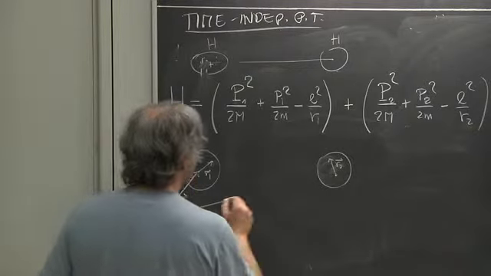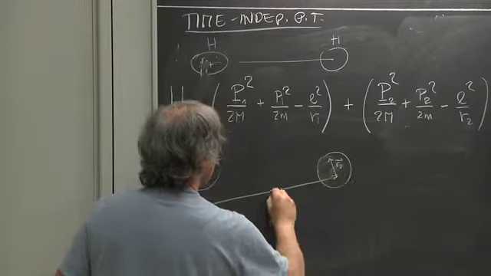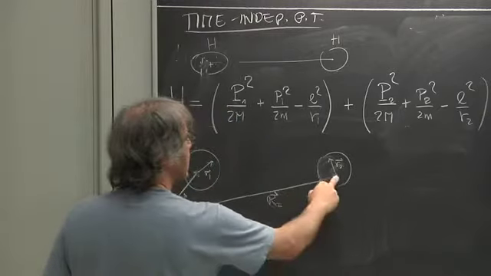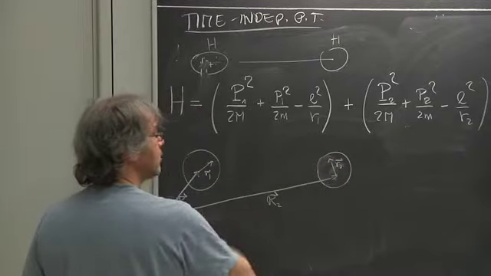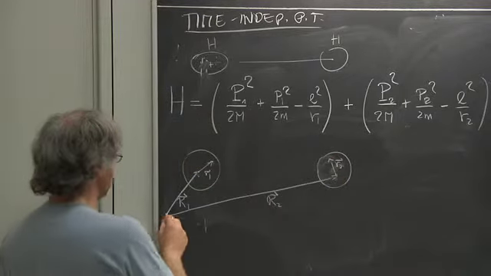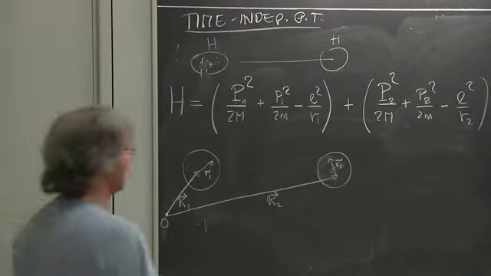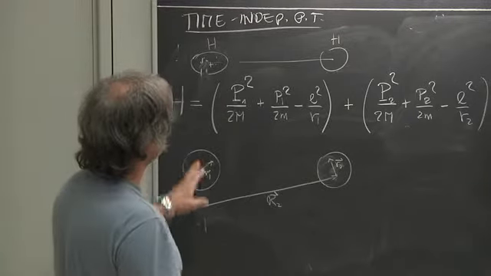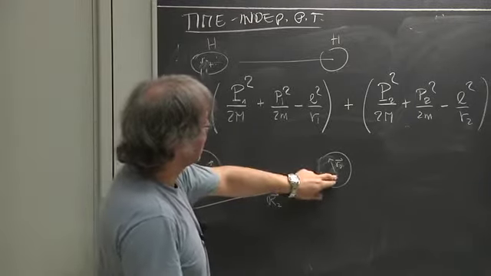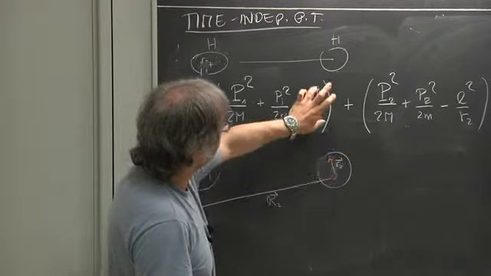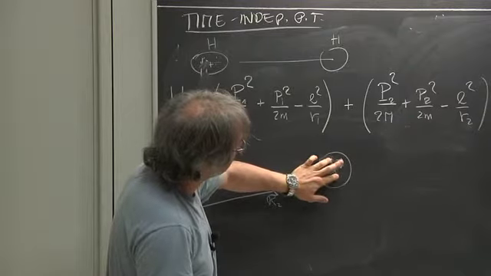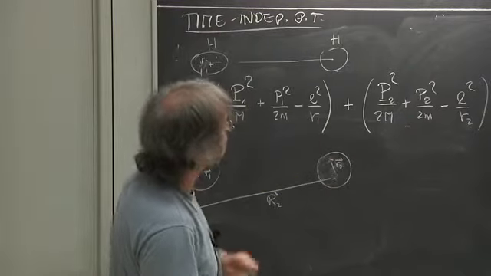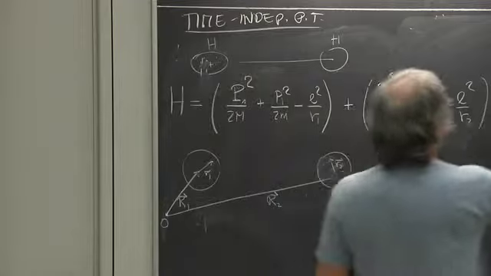Then there would be big R2, the coordinate of the second nucleus, and then big R2 plus small r2, the coordinate of the second electron, okay? This all refers to a common origin. All right, but certainly I can write the interaction potential in terms of the relative coordinate with respect to the center, right? This misses several contributions.